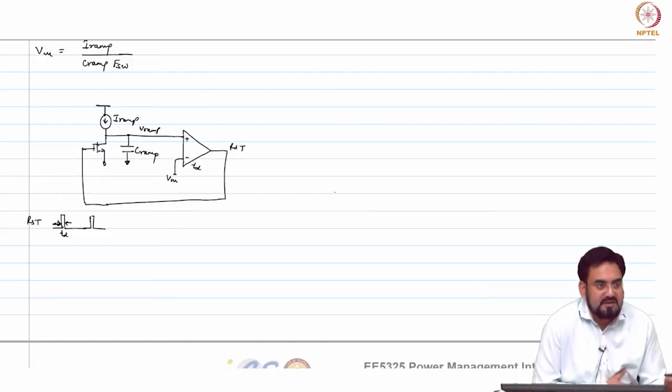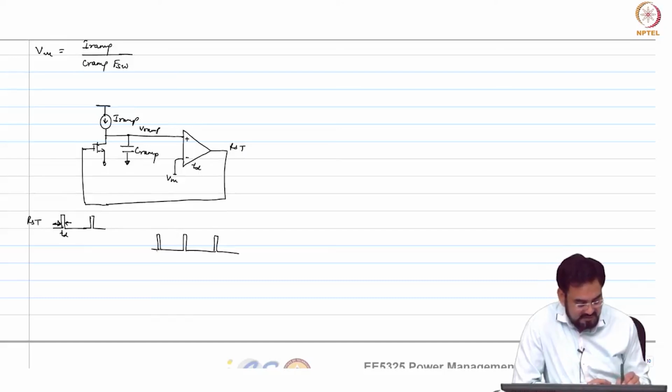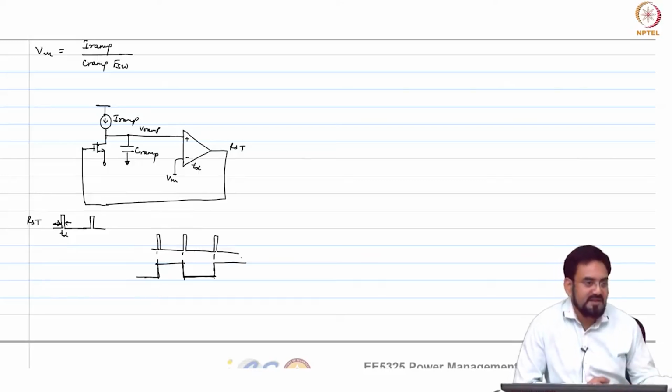Okay, understand or not? So, if you have this, and I pass it through a divide by 2 clock divider, it will toggle at every edge.